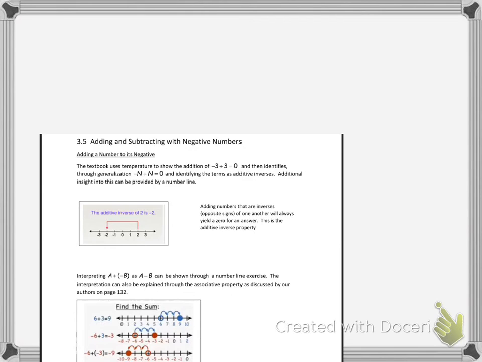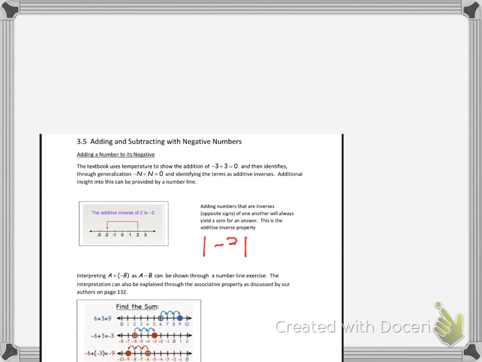Additional insight can also be provided by using a number line, and if you were going to add a 2 and a negative 2, that brings you back to the center, to the origin, to the 0. Another thing that's interesting about this is it kind of ties into absolute value. Absolute value is this symbol.